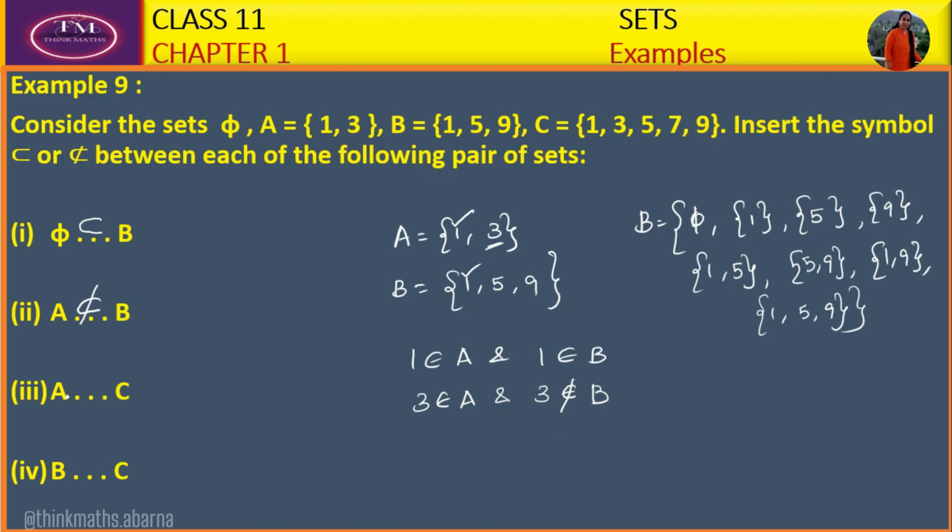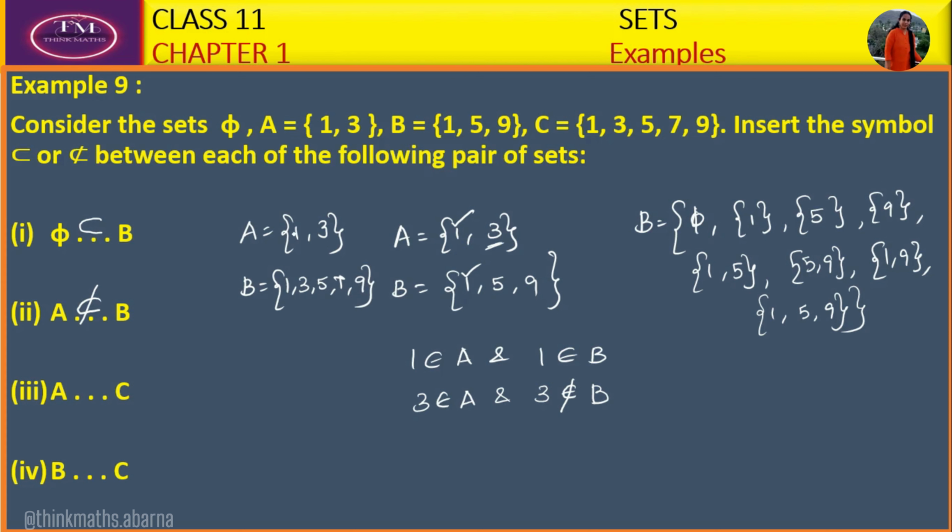Now take A and C. The third question is A and C. A is equal to {1, 3} and C is equal to {1, 3, 5, 7, 9}.